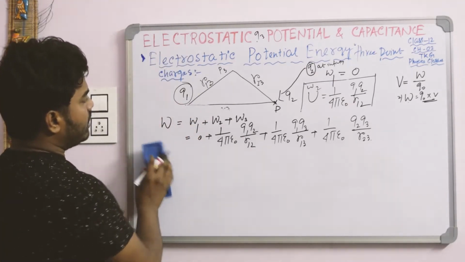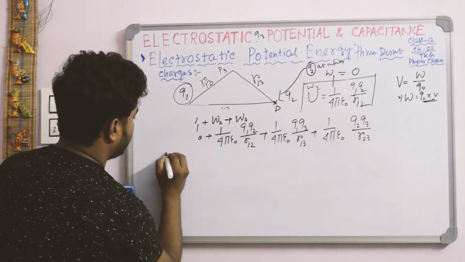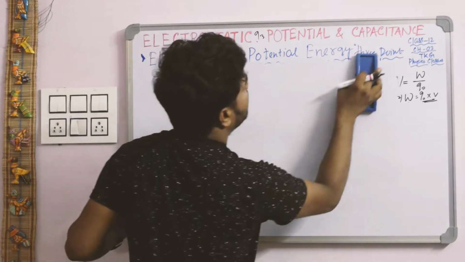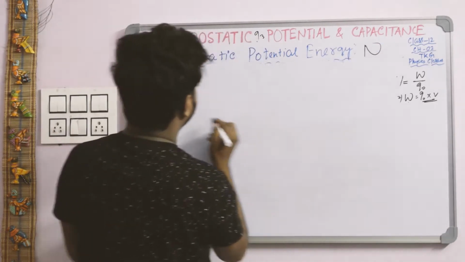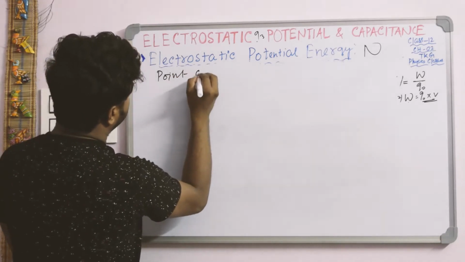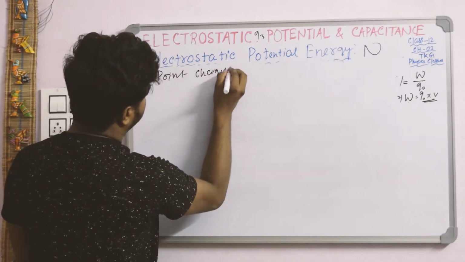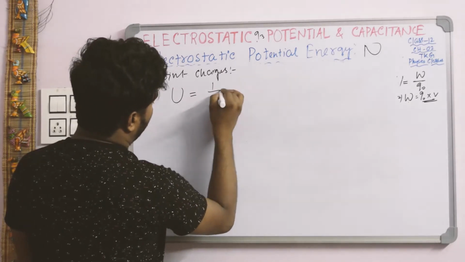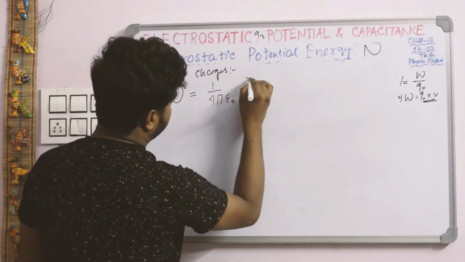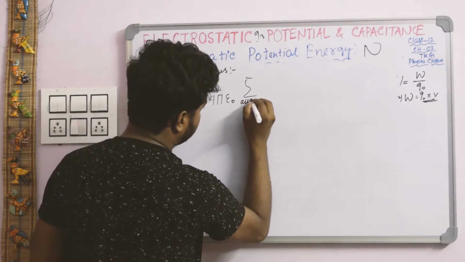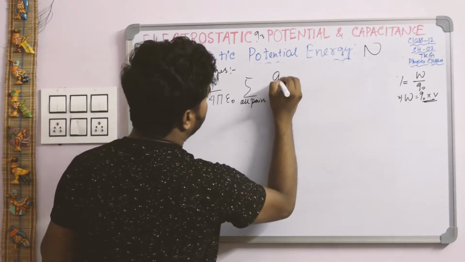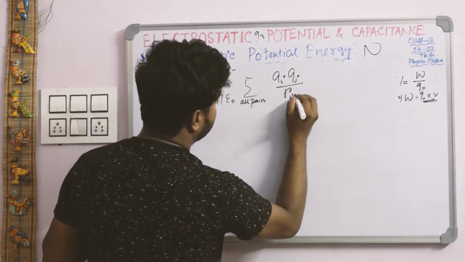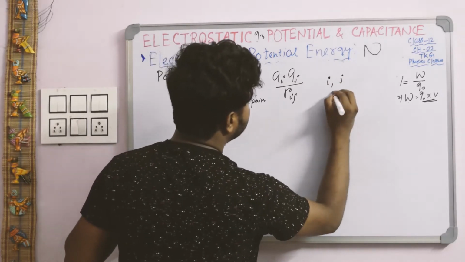The electrostatic potential energy for n number of point charges, that is U is equal to 1 by 4 pi epsilon naught common summation, and at first you write all pairs Qi Qj by Rij. What is ij? ij represent indices.